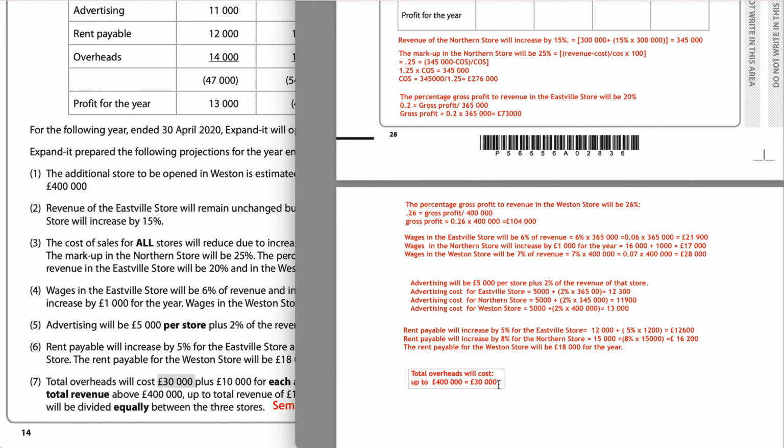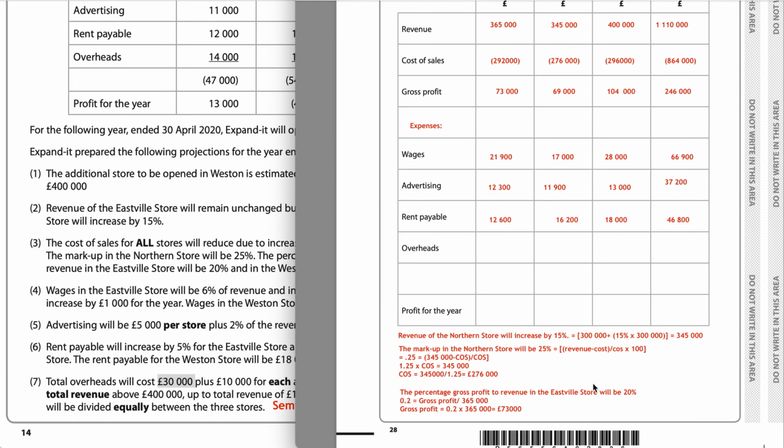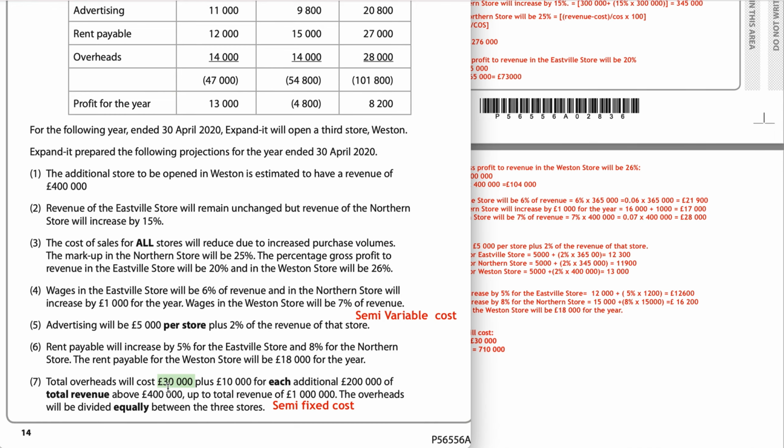So for the remaining, we will see 365,000 plus 345,000. So for the remaining two, that is equal to 710,000 pounds, right?